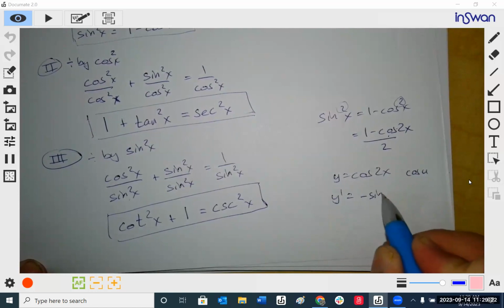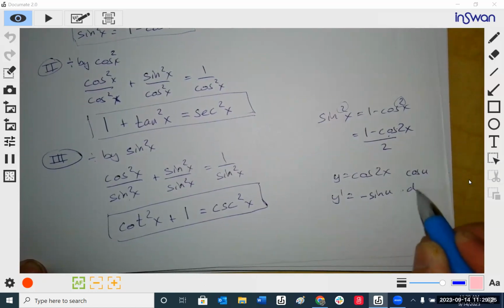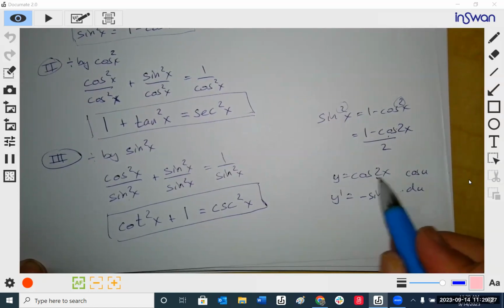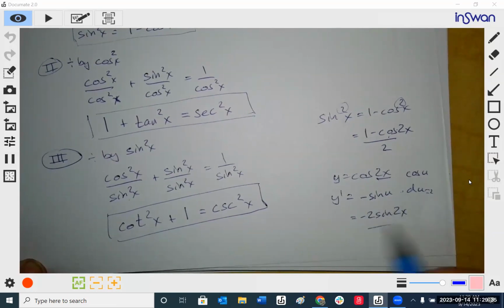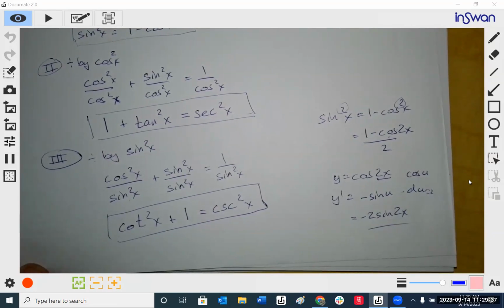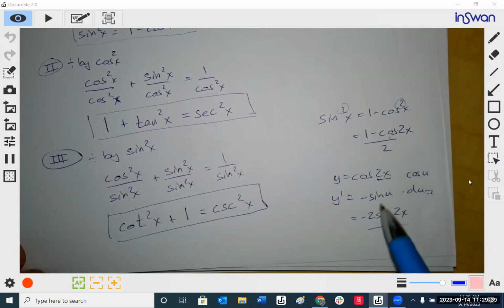Negative sine times du. What's the derivative of 2x? So the answer here is negative 2 sine 2x. So it's a lot easier to deal with derivatives when we don't have exponents.